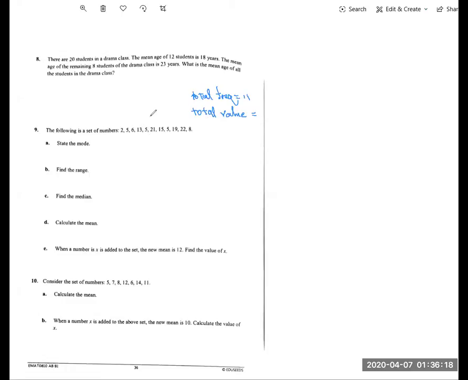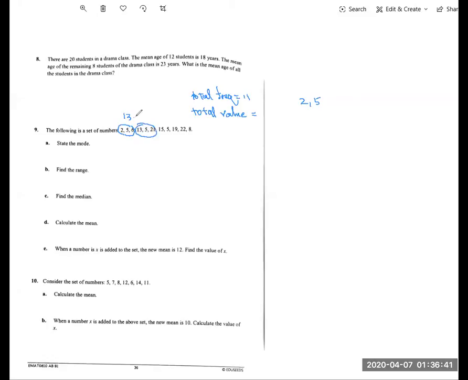Let's add them together. Let's add these 3 first. This gives you 13. Add these 3. This is 13.